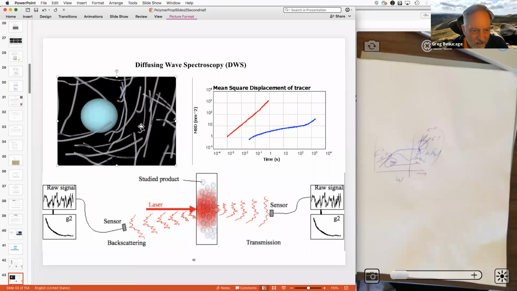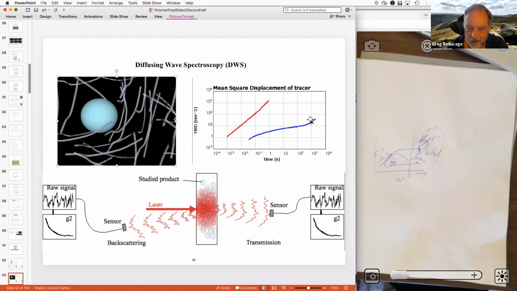So the viscosity of the solid is telling you, basically, if it's diffusive motion, the mean squared displacement of that particle is going to follow time to the power of one, linear, right? Because this is mean squared. So it's r squared versus time, that's proportional for Brownian motion. If it meets some kind of barriers, then that drops off. So you get a less mean square displacement because it's confined, right?